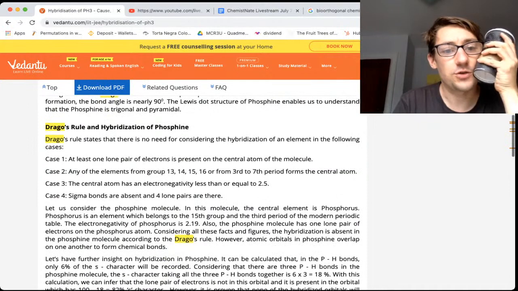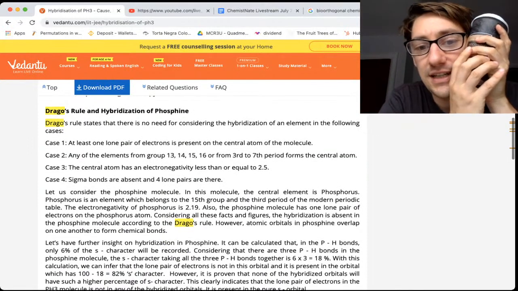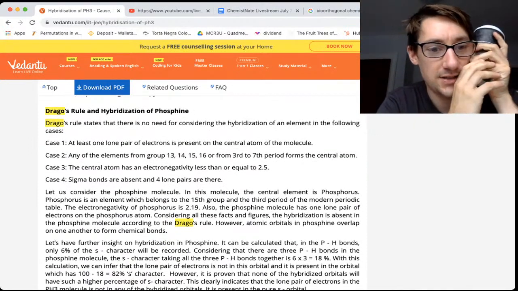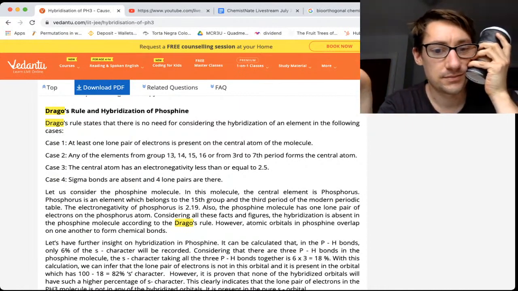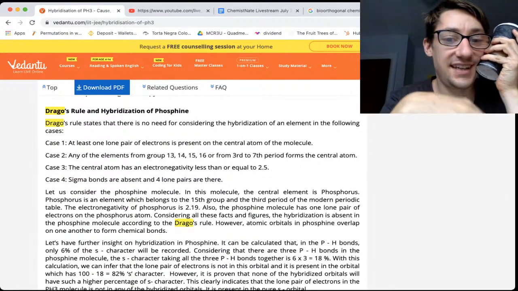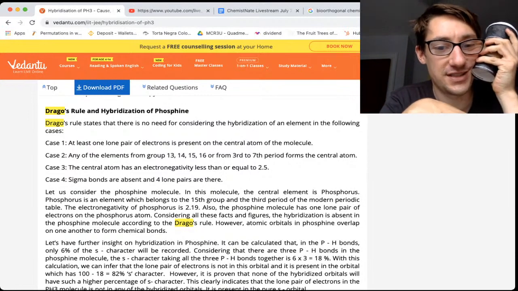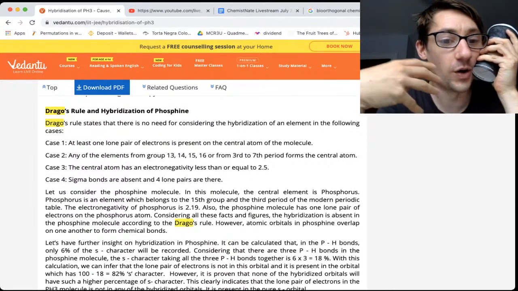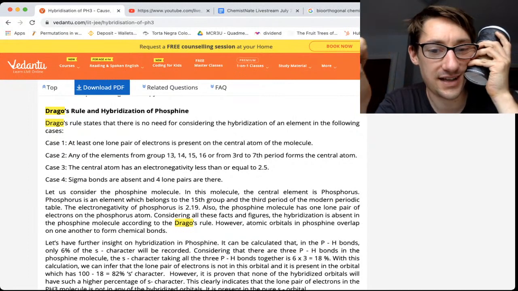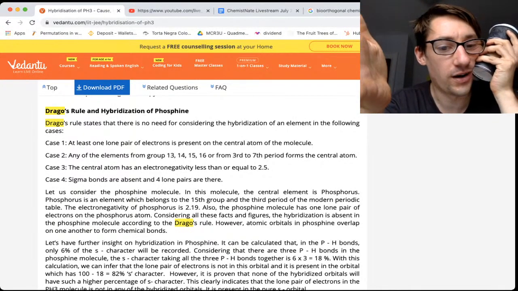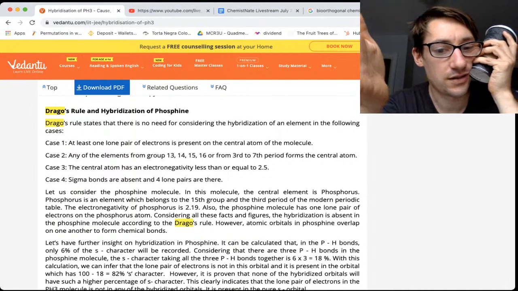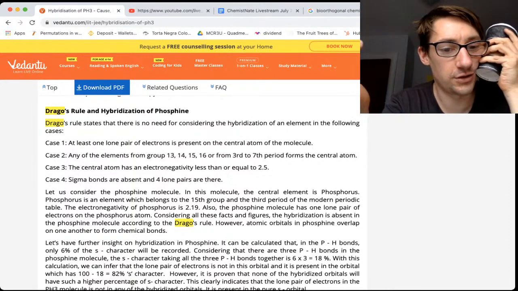Drago's rule says there's no need to consider hybridization if there's at least one lone pair on any of groups 13, 14, 15, 16, or the central atom has a low electronegativity, and it's all the 4 lone pairs.